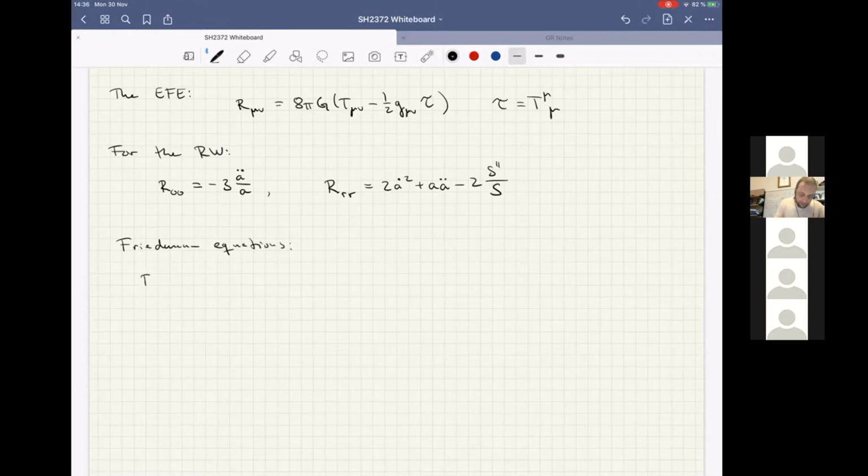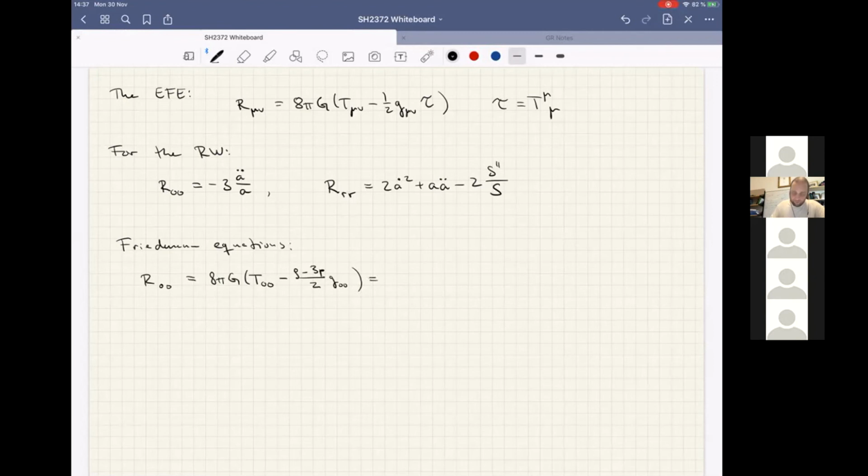In the 0,0 component, we have 8 pi G times T00 minus, and if I compute the trace and everything, rho minus 3p divided by 2 times g00.